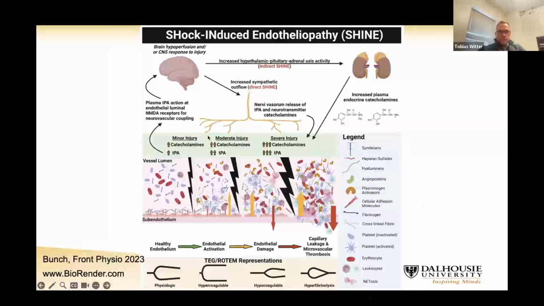You've seen part of this picture earlier already, or at least a different graphic, where we have our shock-induced endotheliopathy, and it gets worse. The worse the shock is, the higher the catecholamine surges. This is all driven by neurohumoral factors and endothelial damage.